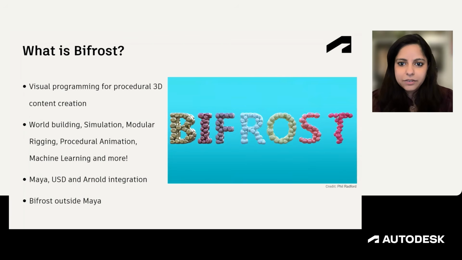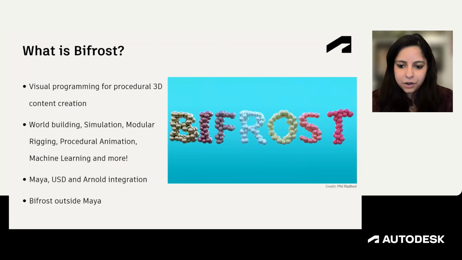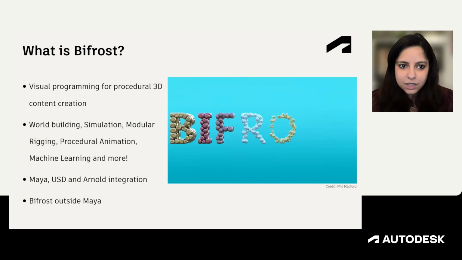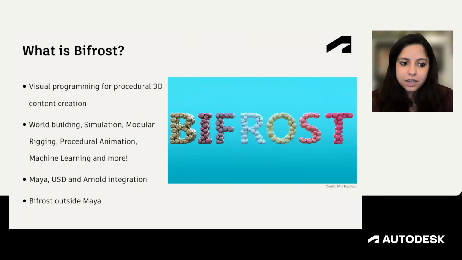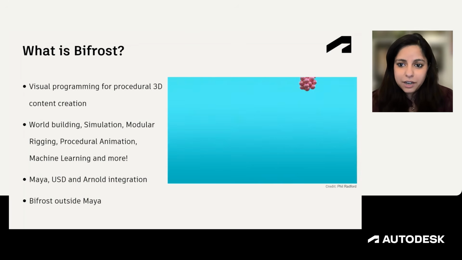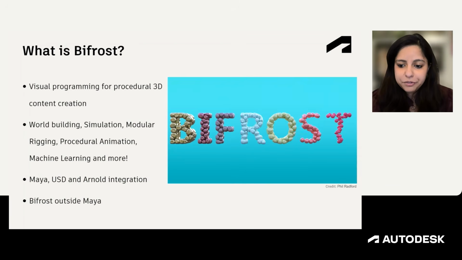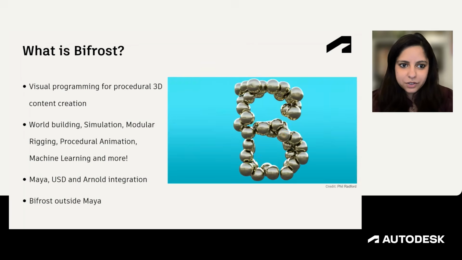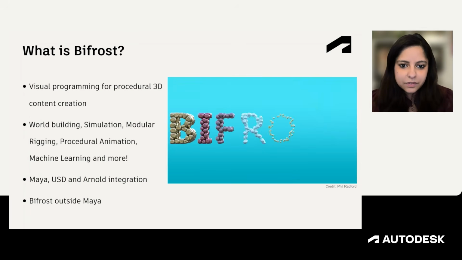Bifrost is also very well integrated with Maya USD and with Arnold inside of Maya. Additionally, Bifrost can be executed outside of Maya and can also be integrated with other DCCs using the very powerful Bifrost SDK. In short, it's a procedural framework for building pipelines, for building systems, like the procedural rigging system you'll see.